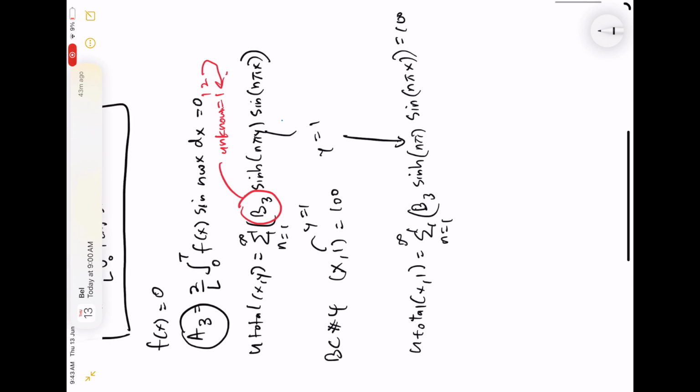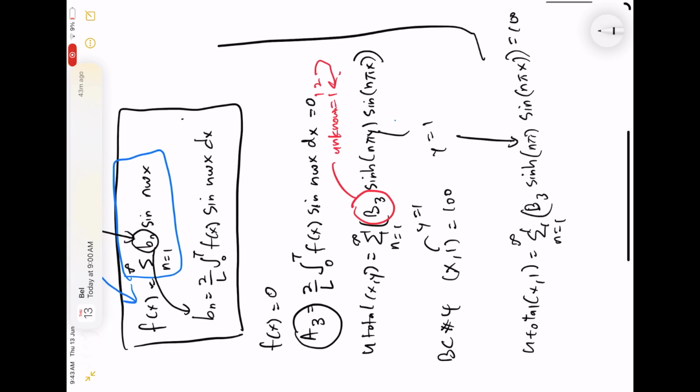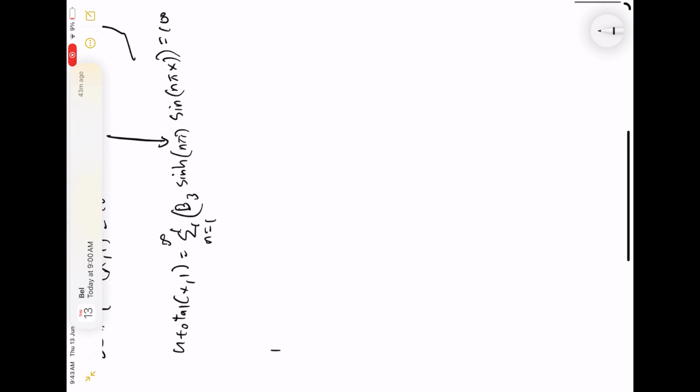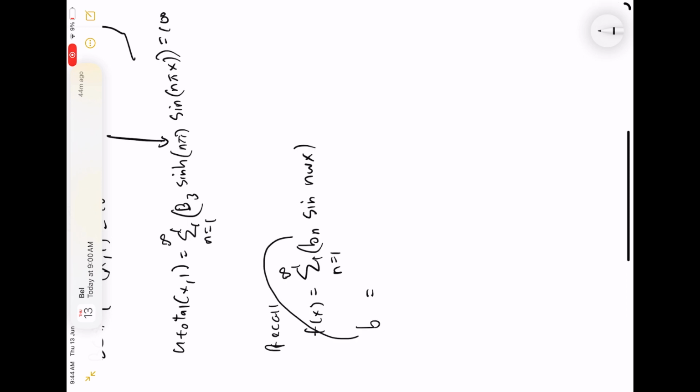Also, we can compare with this. When we compare, we recall our f(x) is equal to the summation from n equal to 1 to infinity of bn sine n w x, right? And then our bn, how to find this bn, is equal to 2 over L, integration from 0 to tau, f(x) sine n w x dx.